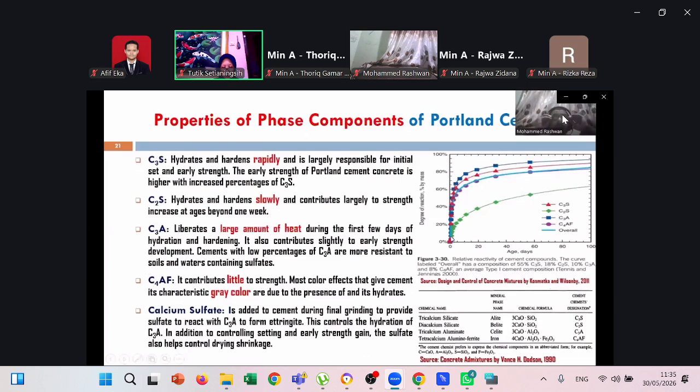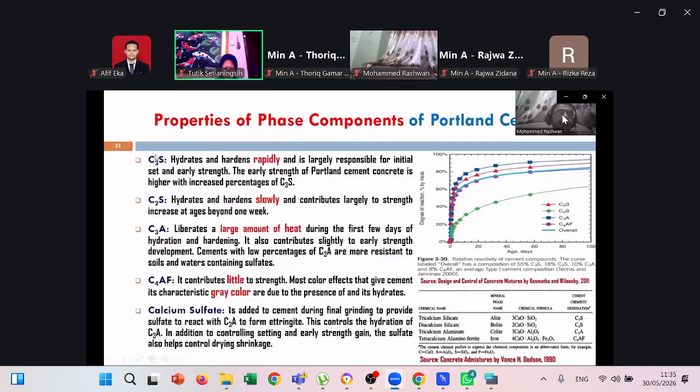Properties of these phase components. We have 4 main phases and some minor phases like gypsum. C3S is tricalcium silicate, which hydrates and hardens rapidly, and this is responsible for the initial or early strength of cement.